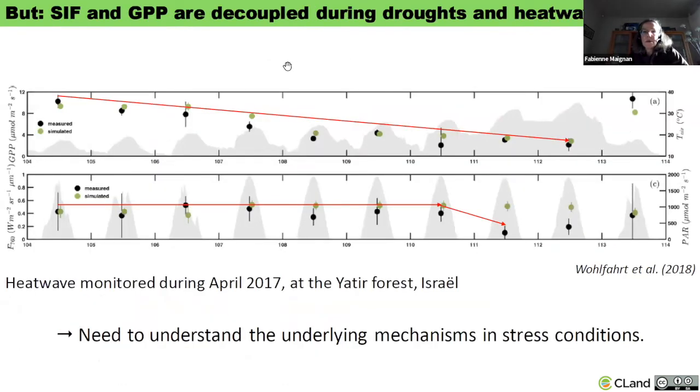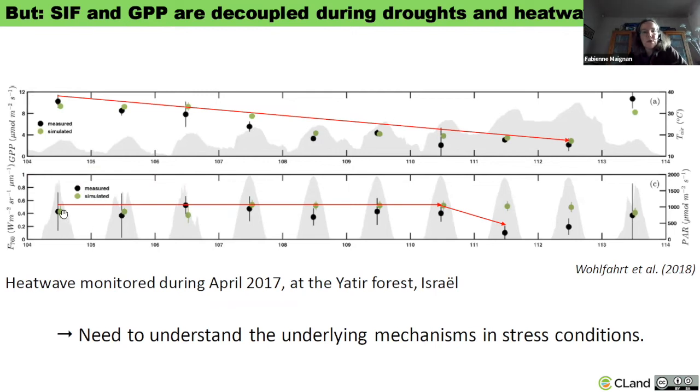Okay, also when you look at drought events, you lose this linear relationship, and SIF and GPP are quite decoupled. You see here a heat wave that is monitored at the Yatir forest in Israel. On top you have the GPP, the black dots. It's a midday GPP that is decreasing as the temperature in gray is increasing.